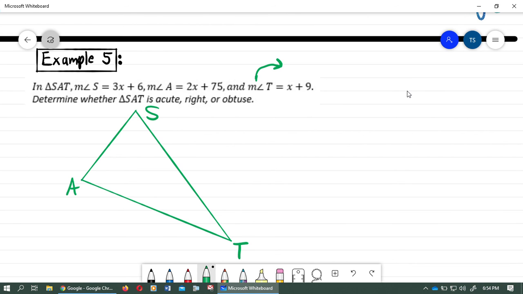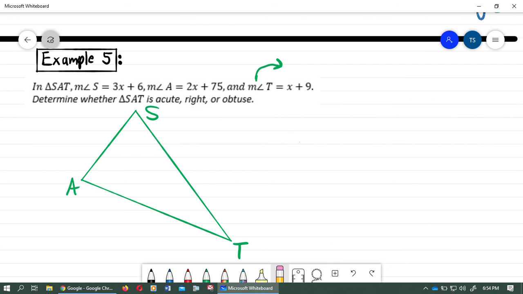You know that they're talking about the interior angles because you didn't have to extend out any of those sides. Clearly here you don't have any exterior angles that they're trying to tell you about. So here they're only telling you about the interior angles.